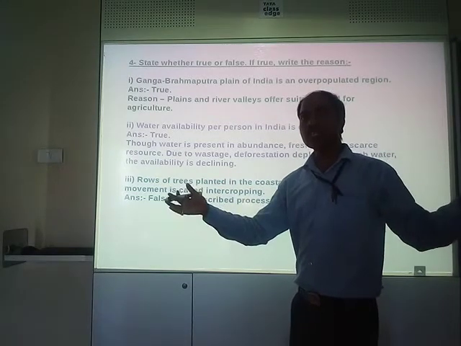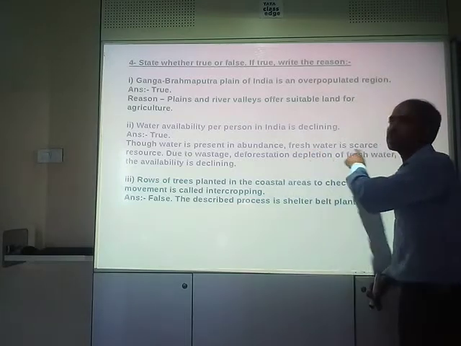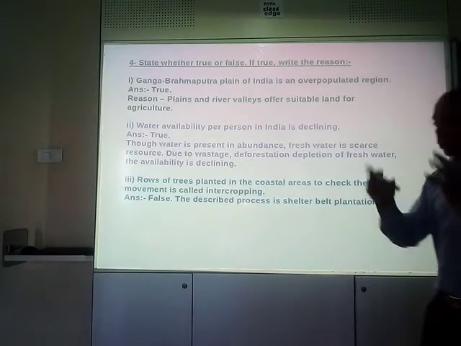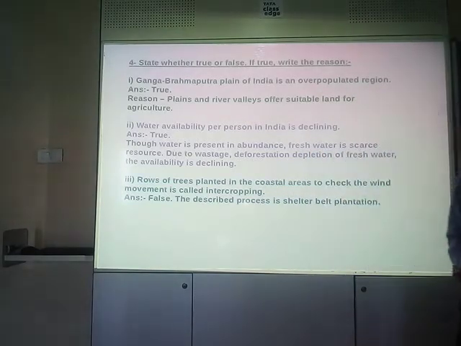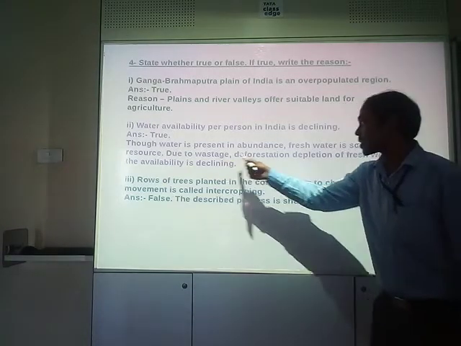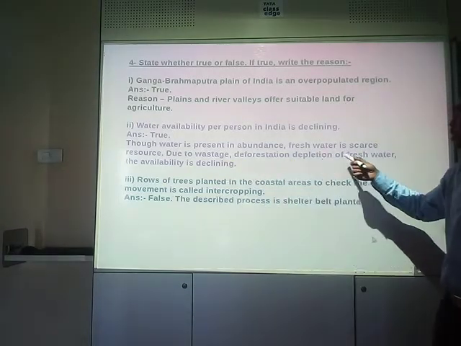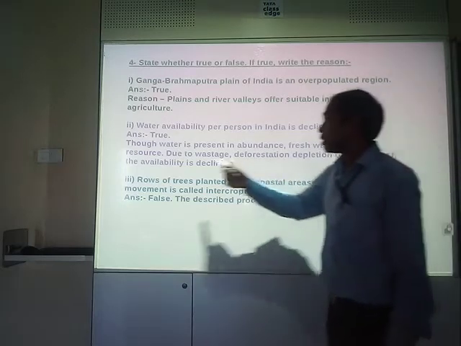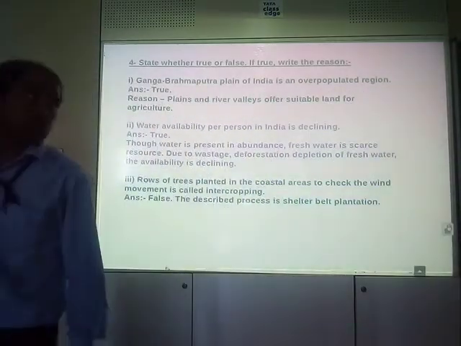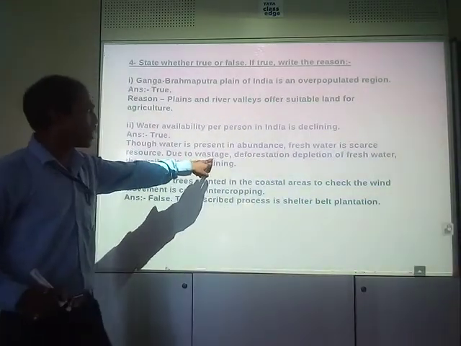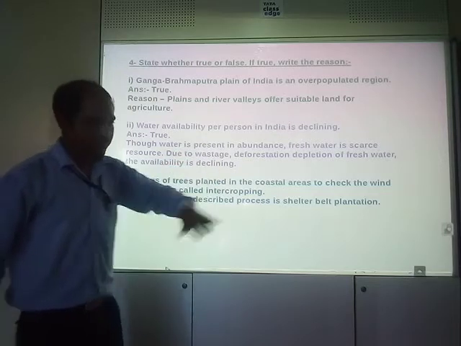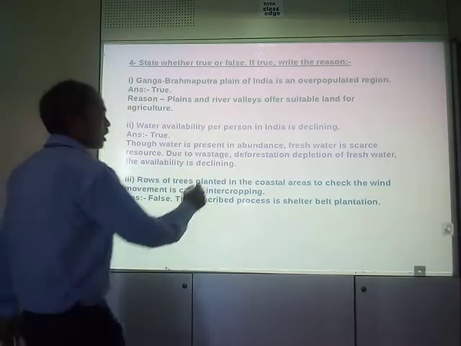So water is present in plenty, but fresh water is scarce. Fresh water is in very less quantity. Correct? Now, due to wastage, deforestation, depletion of fresh water, the availability is declining. Number one, wastage, because we waste most of the water.